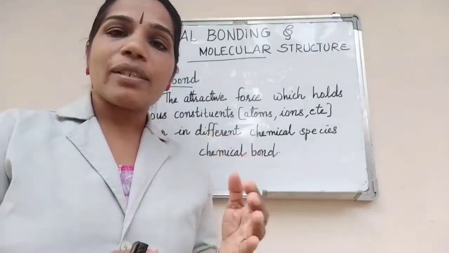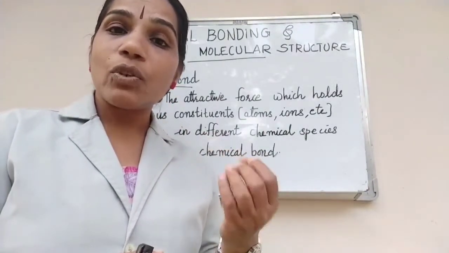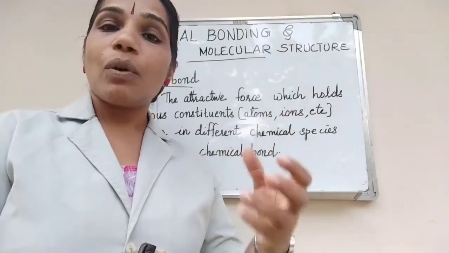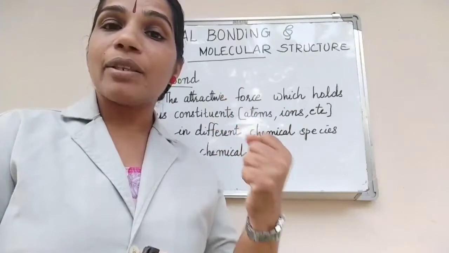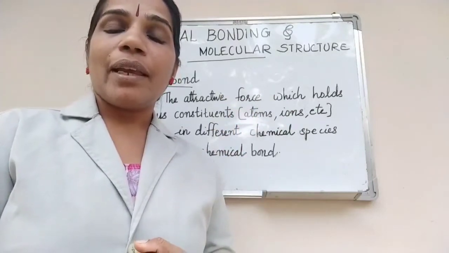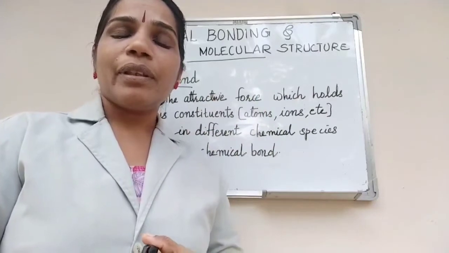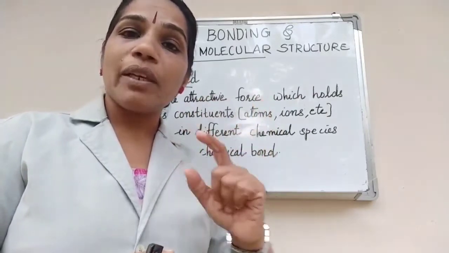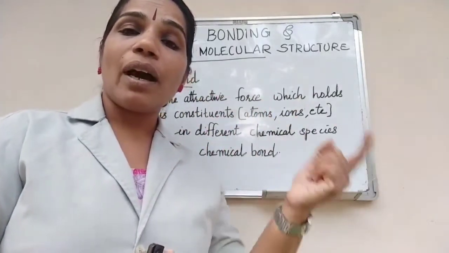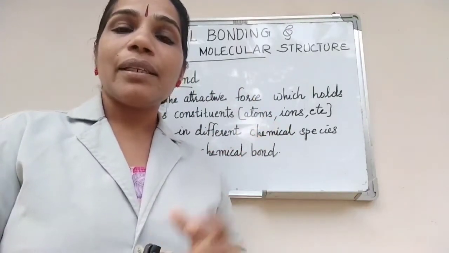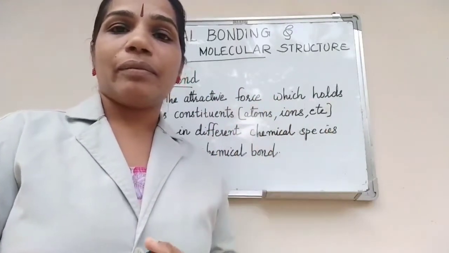Constituent particles means atoms or ions in a chemical species. Example, in sodium chloride, the attractive force between the sodium ion and the chloride ion is the bond. That is the ionic bond.